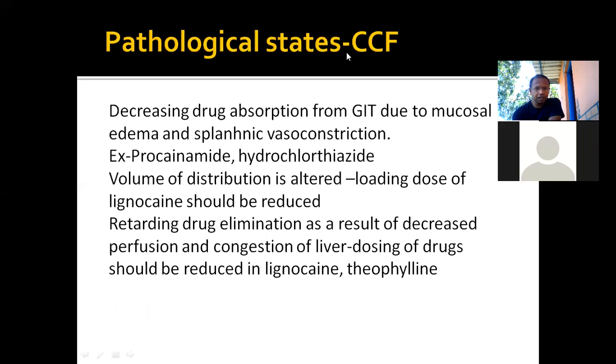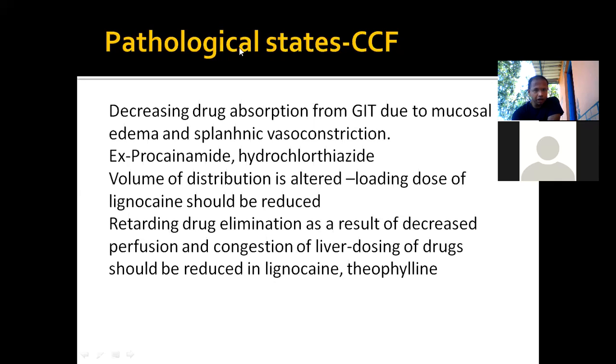Another pathological state is congestive cardiac failure. For example, with procainamide and hydrochlorothiazide, the drug should actually reach the nephrons, the ascending limb, where it should be working. If the drug is not able to reach that site, it will not be active.